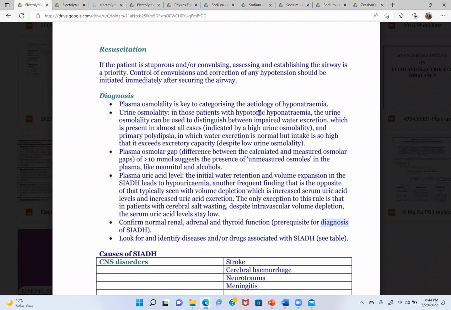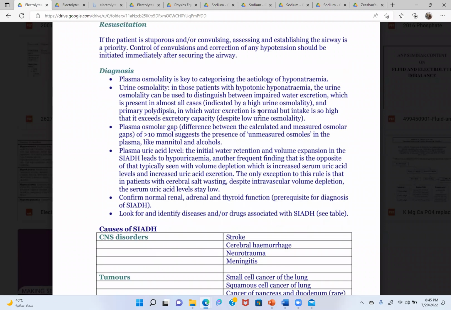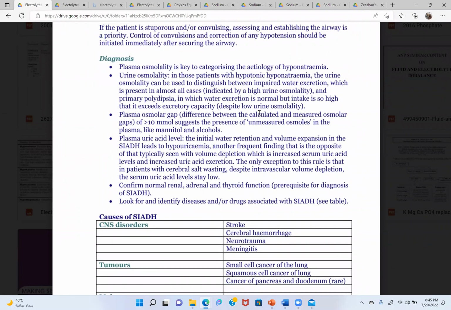Okay, so then the osmolar gap, it is because of unmeasured osmoles in plasma like mannitol and alcohols. Okay, so this is also related to SIADH, this hypouricemia, and I was just reading that in pregnancy there is some hormone, I forgot the name, where excess metabolism of ADH occurs.